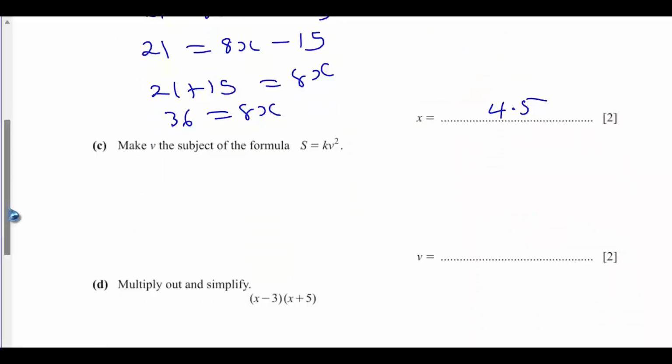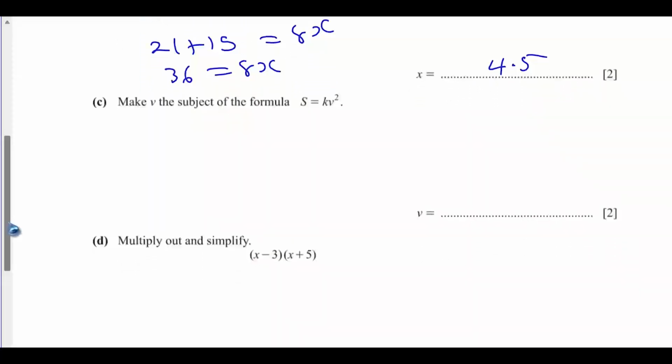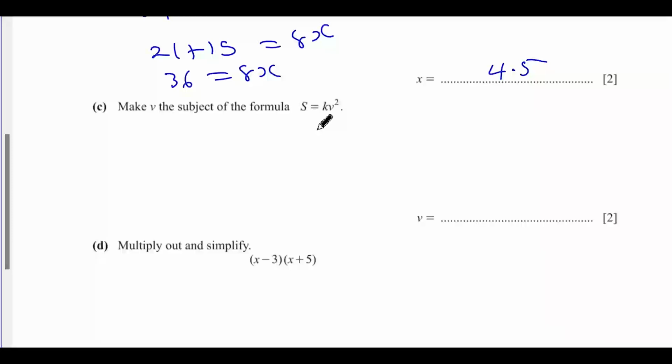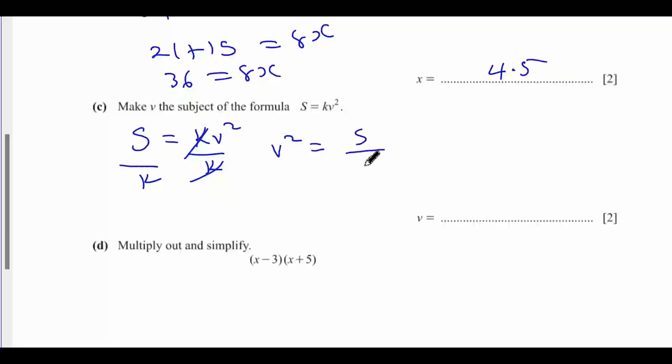Part C, make v the subject of the formula s equals kv squared. So we want to make v the subject of the formula, then k has to leave that side. So we divide both sides by k. So that means we have v squared equals s over k.